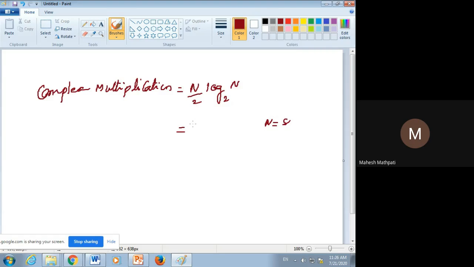So this can be done as 8 by 2 log to the base 2 of 8, which will be equal to simply 4 into 3. So the total number of multiplications required are 12 in this FFT algorithm again.